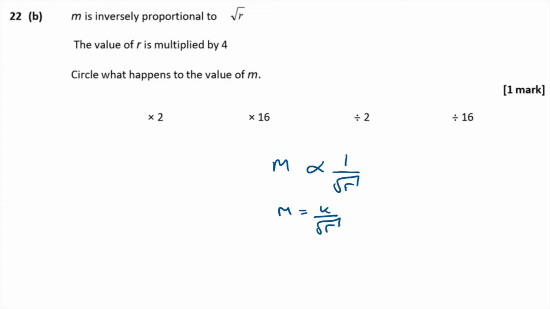Well, if I replaced r with 4r, so instead if I had m equals k over root of 4r, then what does that do to m? I suppose what it does to m, if I take 4 out of that root, that is the same thing as k over 2 root r. Now once I've done that, you can see that this was the original thing that m was. So now I've got like half of k over root r. Okay, in other words, I'm going to be dividing m by 2.